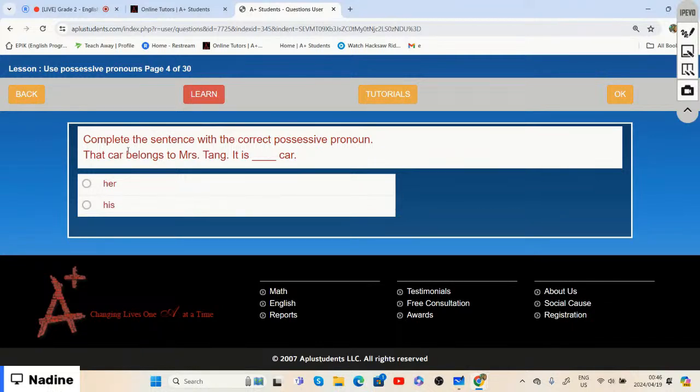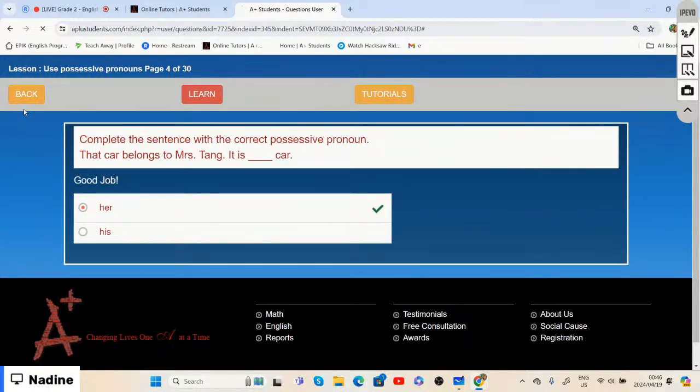All right. So if we choose the correct possessive pronoun, we will say it is her car. So well done.